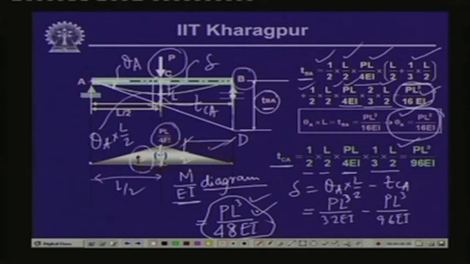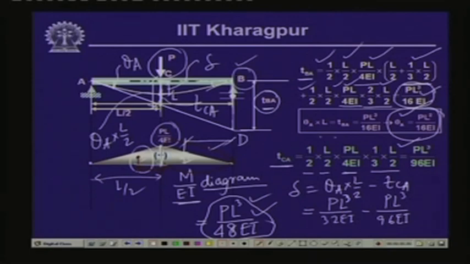Also, please note that this being a symmetrical beam with symmetrical loading, the elastic curve which we get is also symmetrical, and as we have seen earlier, the rotations at the ends are the same. Now, what will be the value of rotation over here?